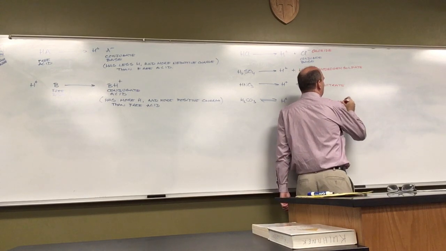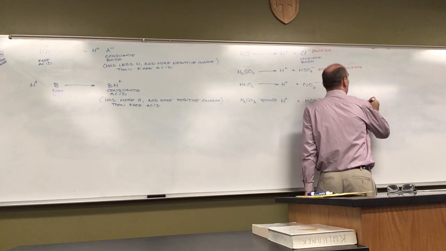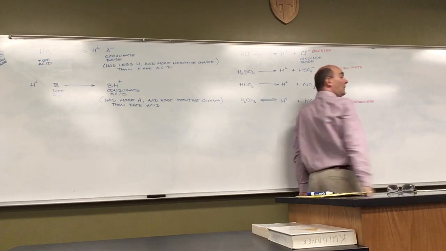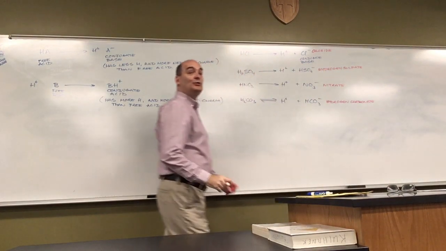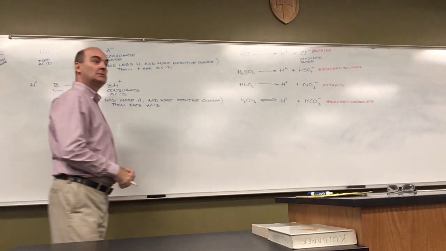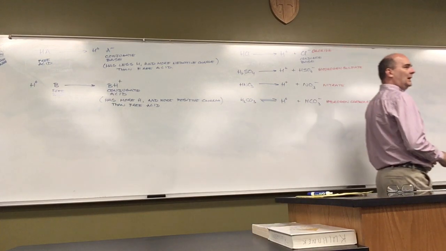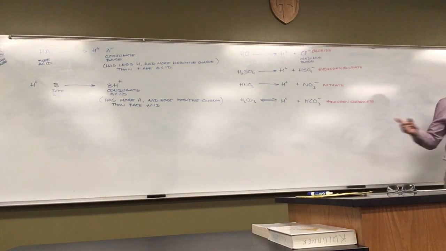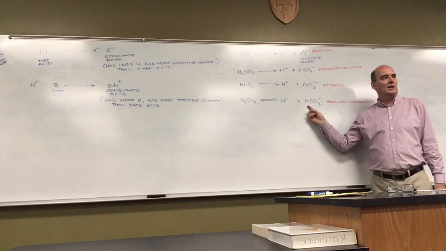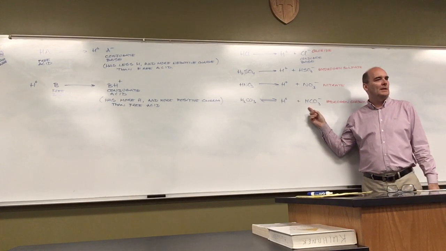So this is hydrogen carbonate, an ion that used to be called bicarbonate. We don't call it bicarbonate anymore because bi means it contains this additional hydrogen, not that it means two of them.